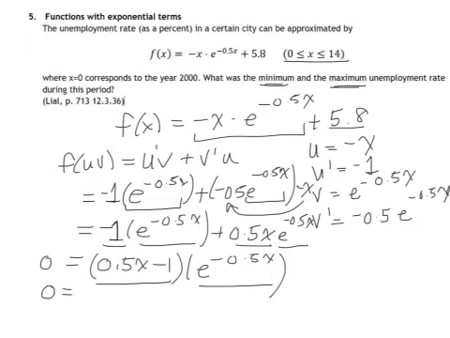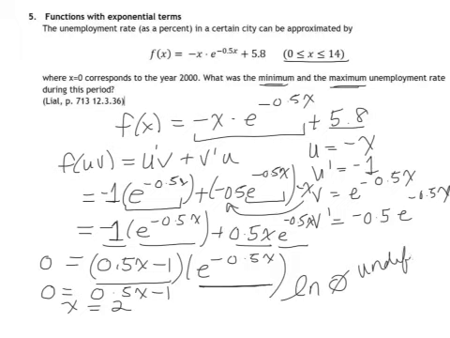So 0.5x minus 1 equals 0 would mean that x would equal 2. And here we would have to take the ln of e to the negative 0.5x, but we'd also have to take the ln of 0, and the ln of 0 is undefined, so with this function, we literally only have one critical point.